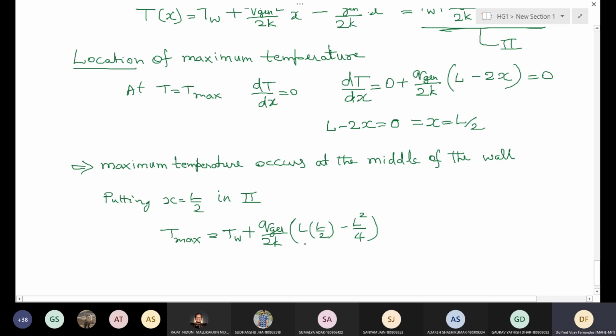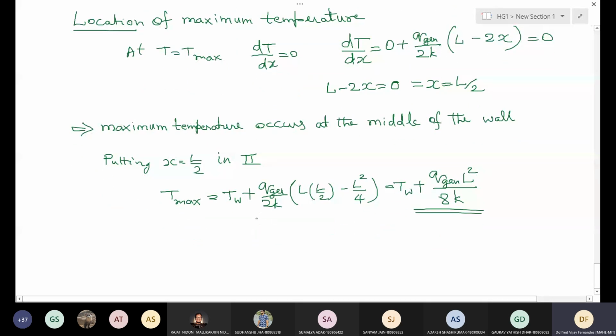So you simplify, this will be L squared by 4. So then it will be T wall plus Q generation L squared by 8K. Yes. So that is the maximum temperature in the wall that occurs at x equal to L by 2.